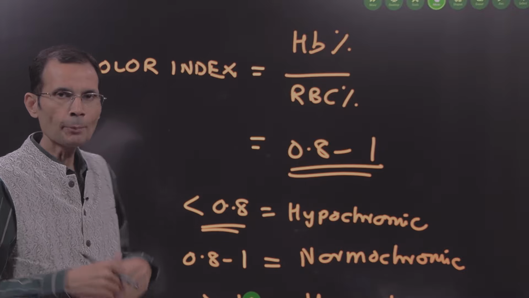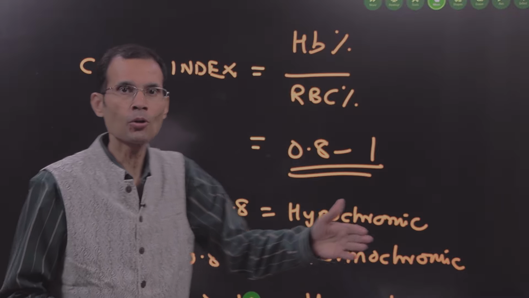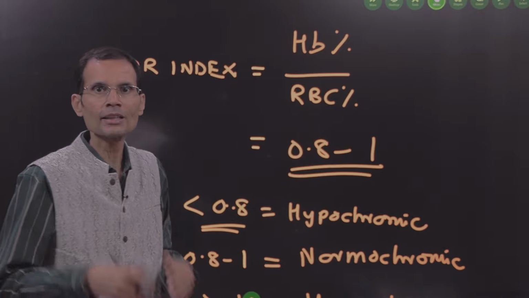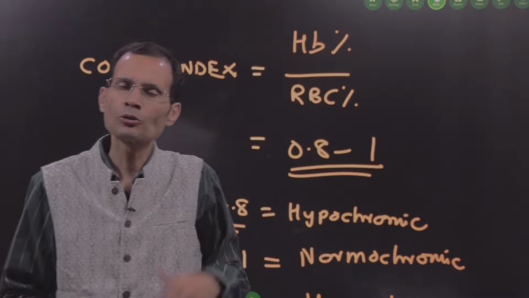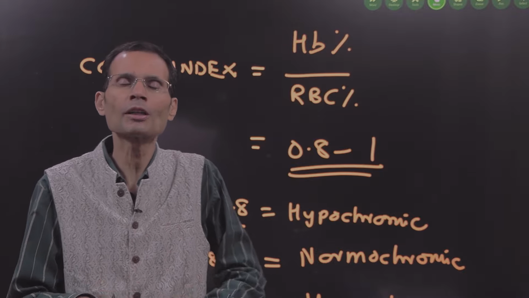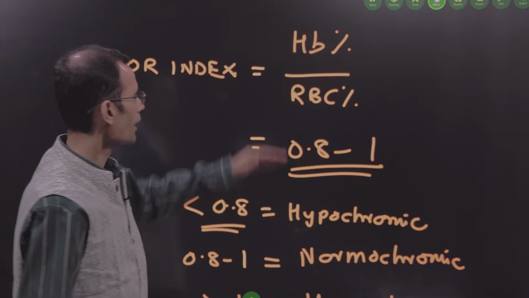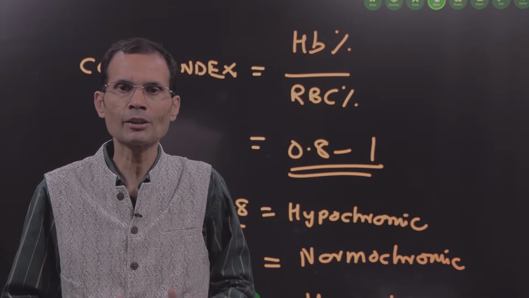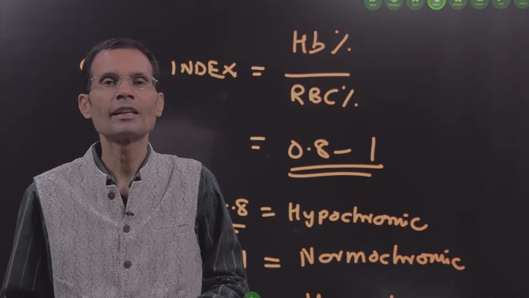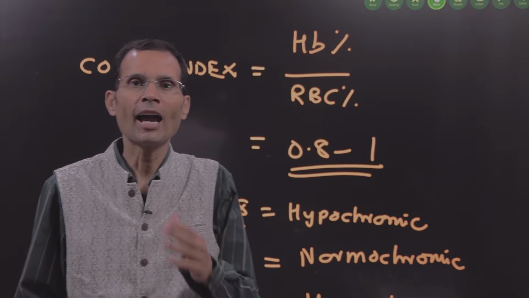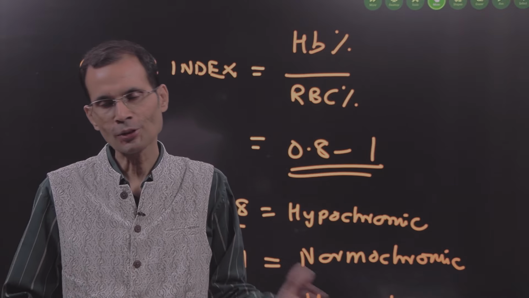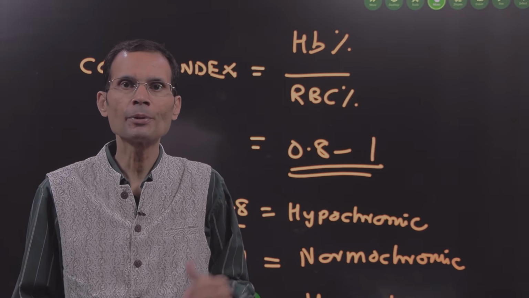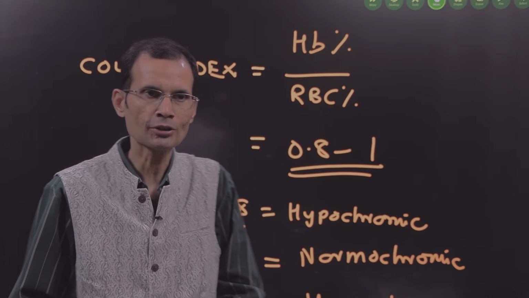So in a patient, hemoglobin is normal or more and the RBC count is relatively less. Will you call it anemia? Yes, it is still anemia. And the example would be hereditary spherocytosis.